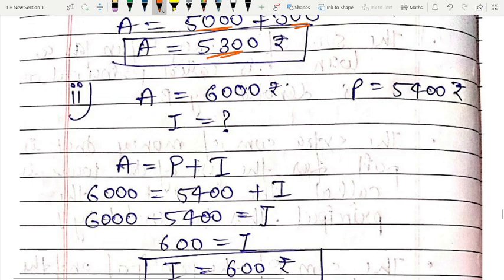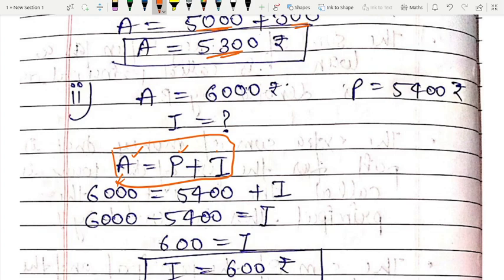The formula is A is equal to P plus I. So A is given here, P is given here, we need to find out I. Just put the values we have been given. So 6,000 equals 5,400 plus interest. So interest will be 6,000 minus 5,400. Interest will come to 600 rupees.